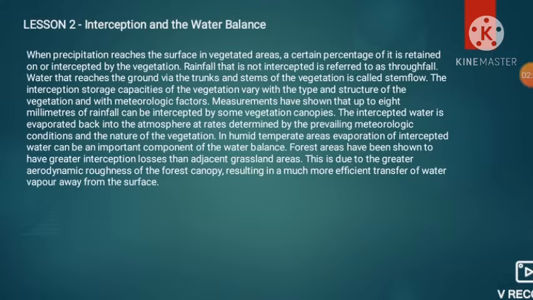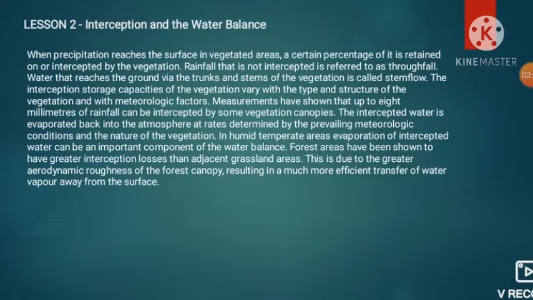Water that reaches the ground via the trunks and stems of the vegetation is called stem flow. The interception storage capacities of the vegetation vary with the type and structure of the vegetation and with the meteorologic factors. Measurements have shown that up to 8 millimeters of rainfall can be intercepted by some vegetation canopies.